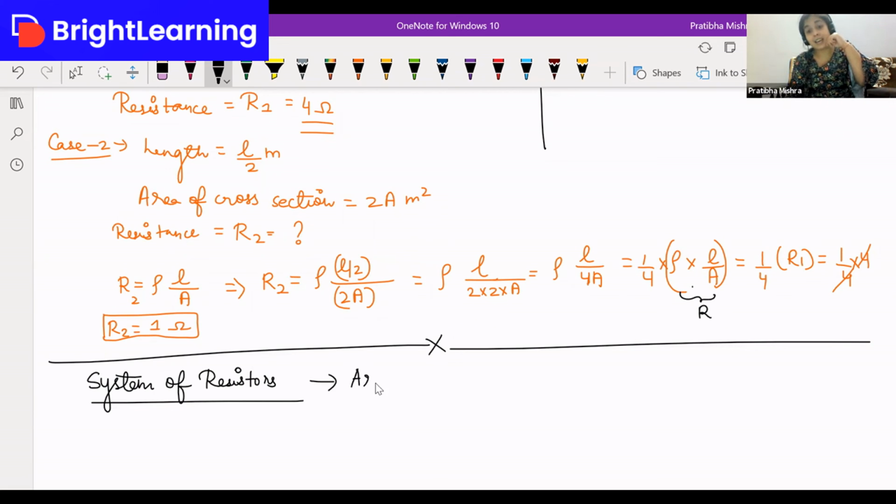This means arrangement of the resistors. Why do we need so many resistors? To prevent a lot of flow of current. If you do not provide resistance, there could be a collapse. There could be short circuits. So it's important to have resistance.